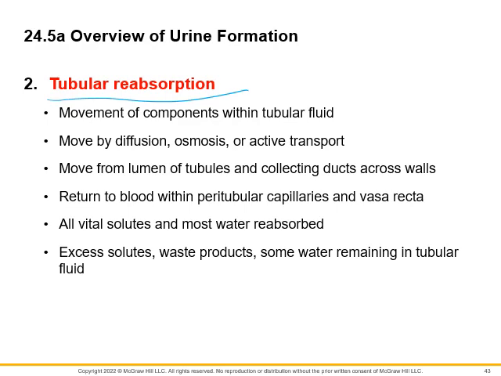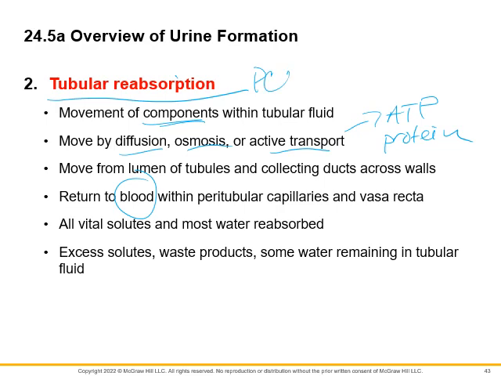Second process we're going to see is tubular reabsorption. So we're going to see components moved by diffusion or osmosis or active transport. Remember that requires ATP and usually a protein. We're going to see a return to the blood of anything that we reabsorb.